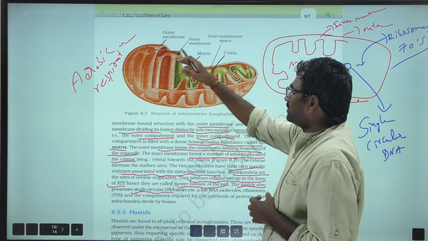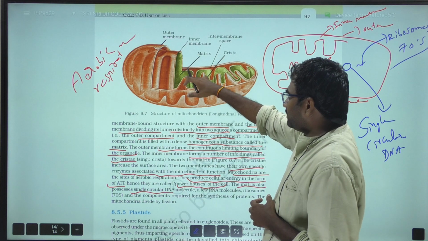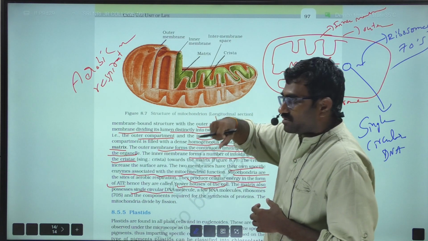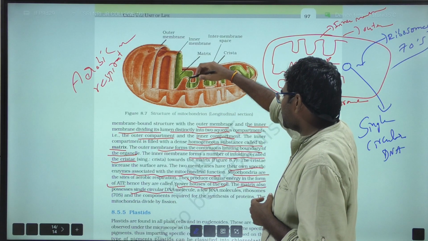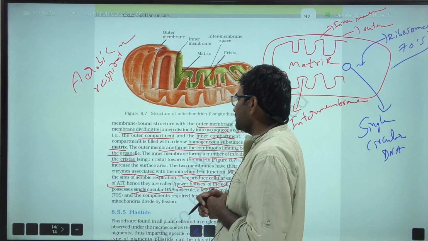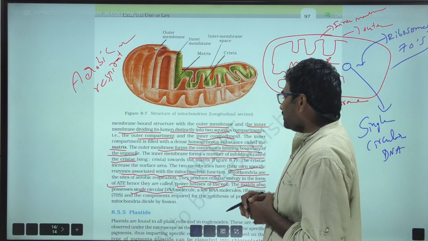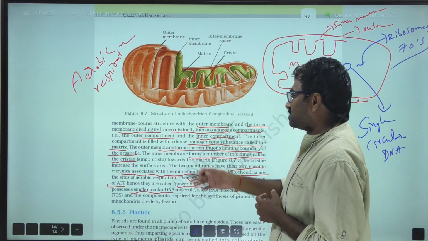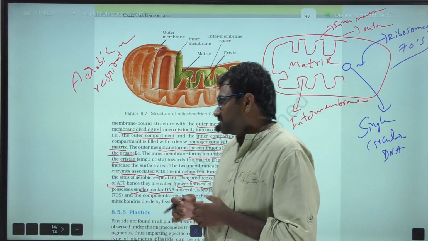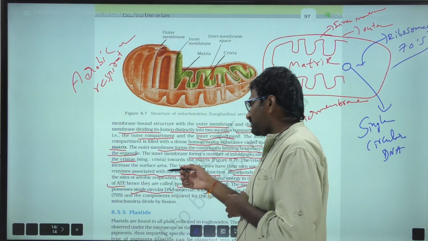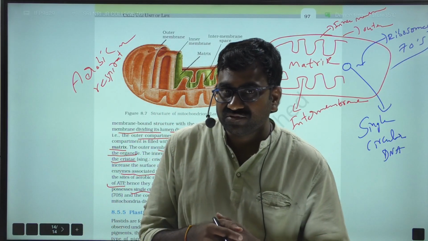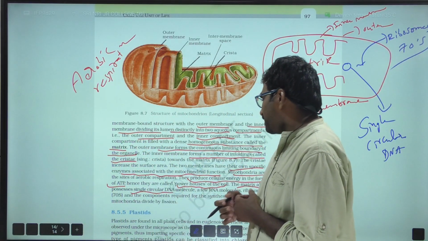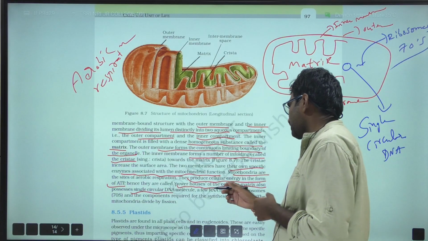There are the outer membrane and inner membrane, and the inner membrane possesses infoldings called crista, and a homogeneous substance called the matrix. They possess enzymes associated with respiration. They are the sites of aerobic respiration, and cellular energy is produced in the form of ATP. Hence they are called the powerhouses of the cell.